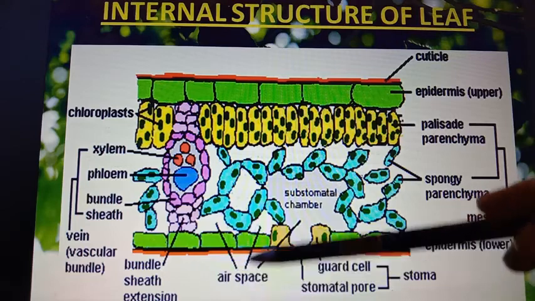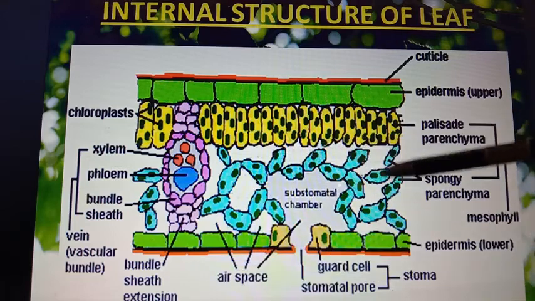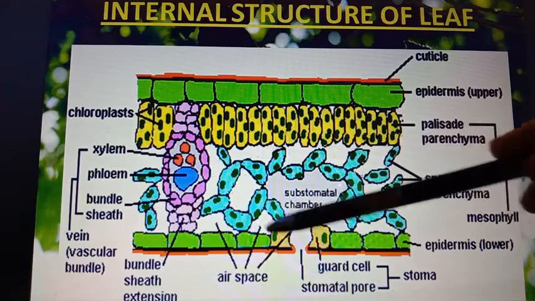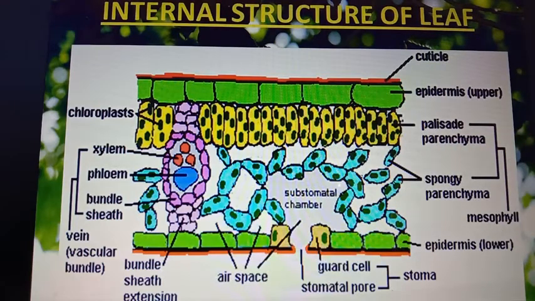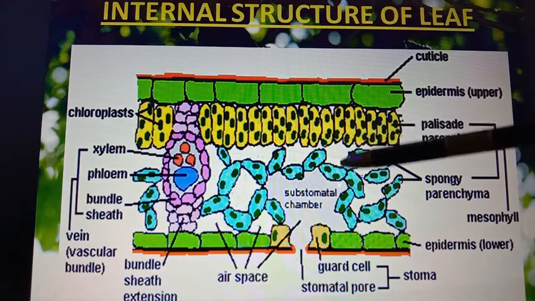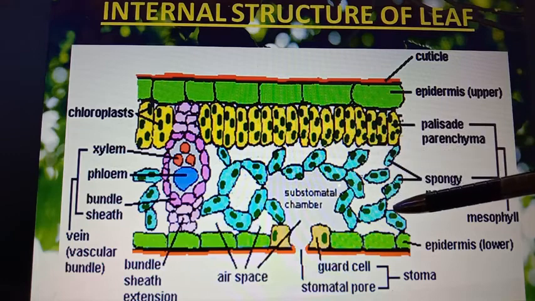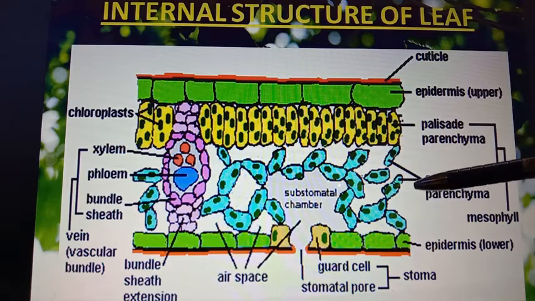You can see here in between the loosely packed cells, there are air spaces. What is the function of these air spaces? These spaces actually allow gaseous exchange in the leaf. The spongy mesophyll cells contain fewer chloroplasts.